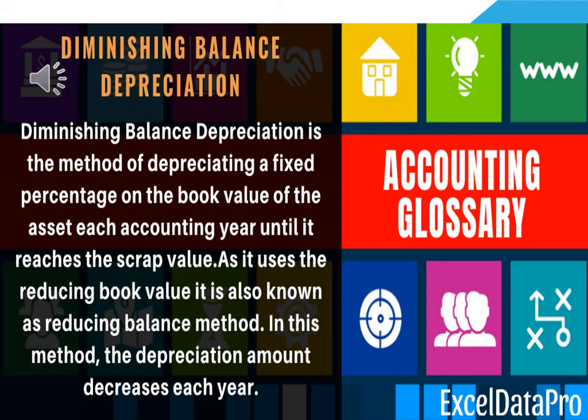So here if you see in this slide, diminishing balance depreciation or reducing balance depreciation both mean the same, children. In straight line method, we used to calculate the depreciation only on the original cost of the asset. But here in reducing balance method, we will be calculating depreciation on the book value of the asset.